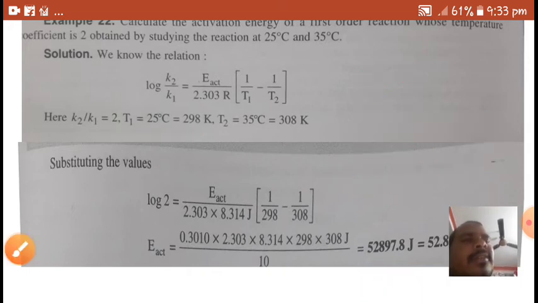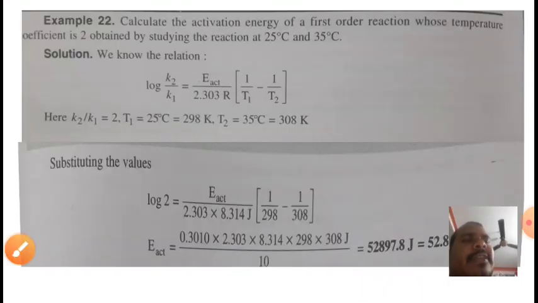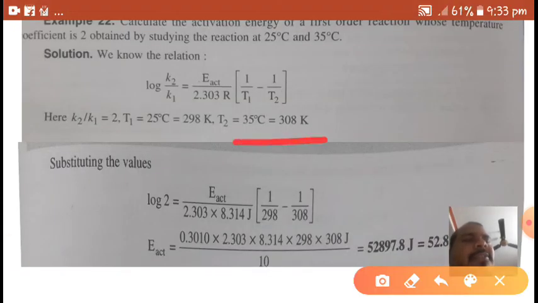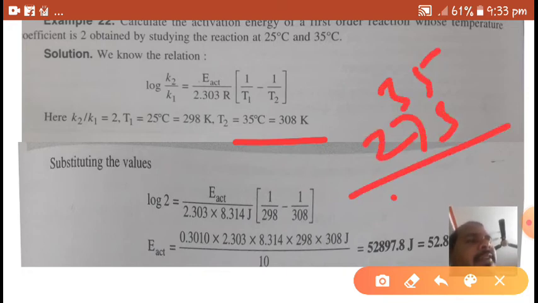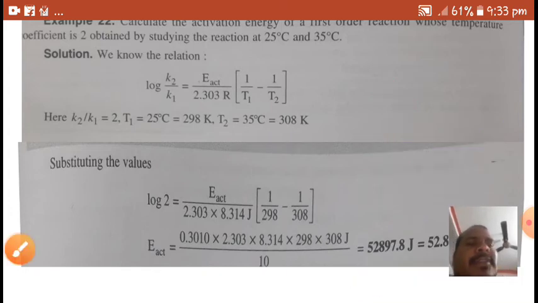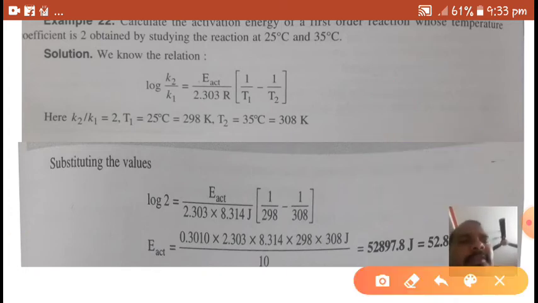Then T2 is 35 degrees centigrade, and again to convert degrees centigrade to Kelvin we have to add 273 to 35. Then it is 308 Kelvin. So all these values, I am putting in this equation.